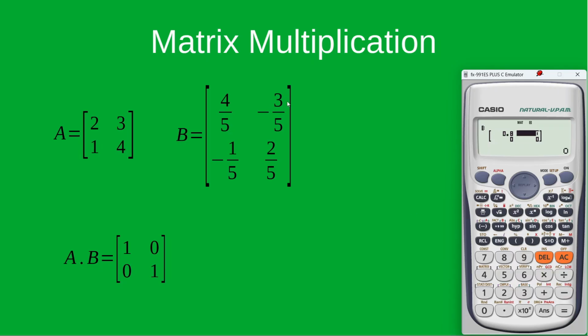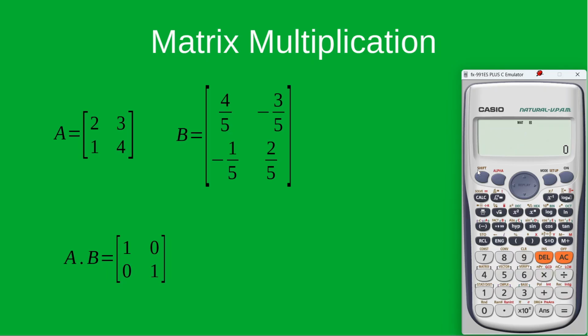The second element is minus 3 by 5. The third element is minus 1 by 5. And the fourth element is 2 divided by 5. Press AC, and now we have entered both the matrices in the calculator.